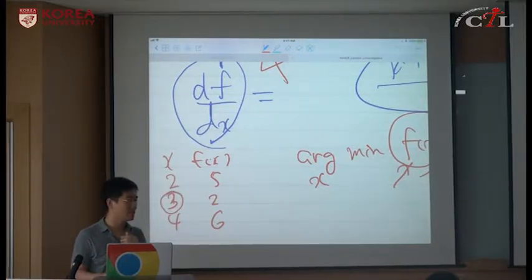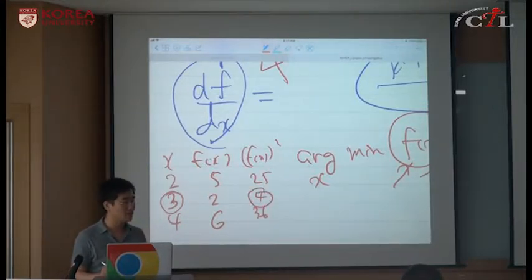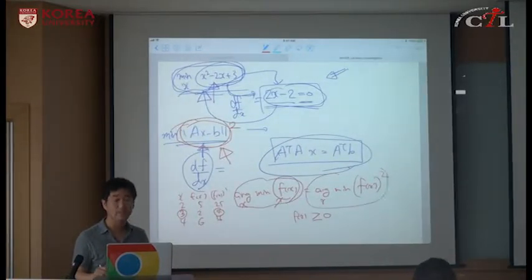And for f(x) squared, we have 25, 4, 36, so still x equals 3 is the minimizer. So this is the same as this.